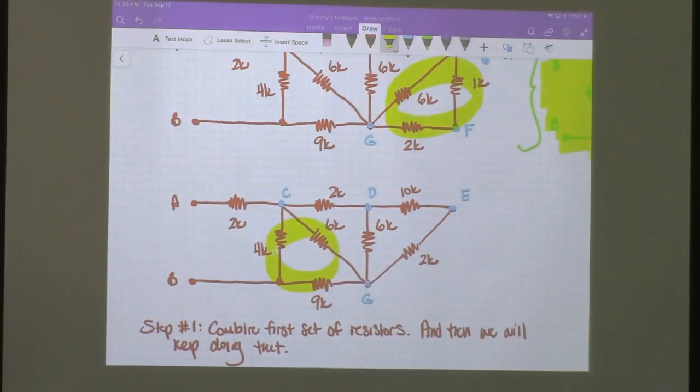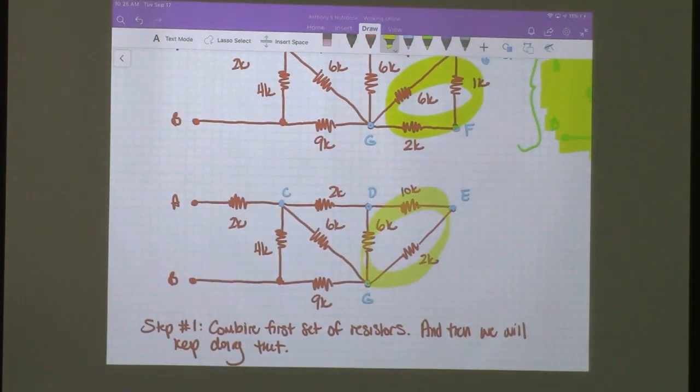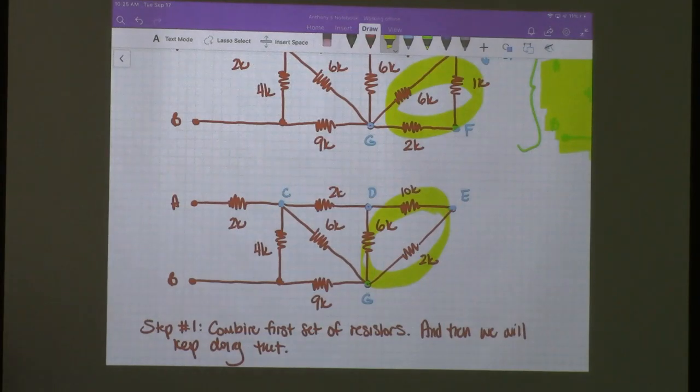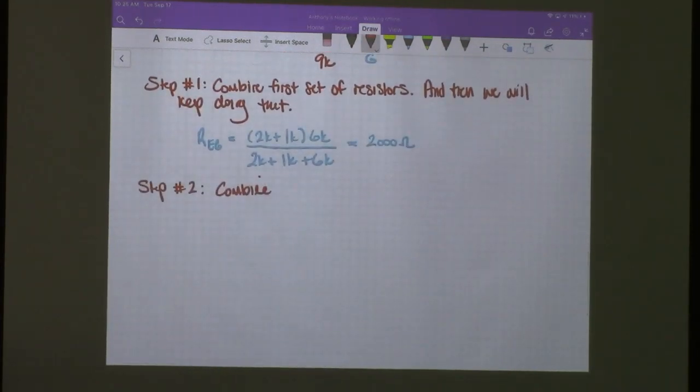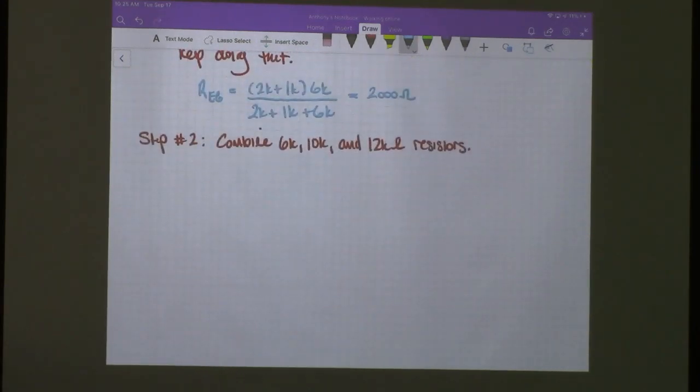So these three have a similar sort of setup. We'll lose our resolution of point E, but point E is not really super important to what we're doing, so that should be okay. So we're going to combine the 6, the 10, the 12. And that value we can call RDG.